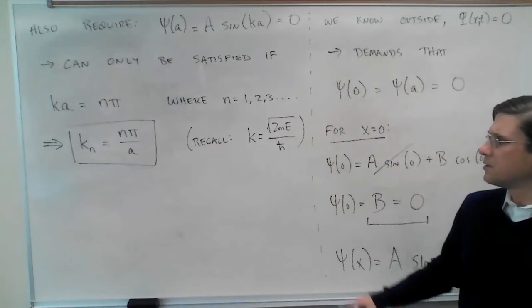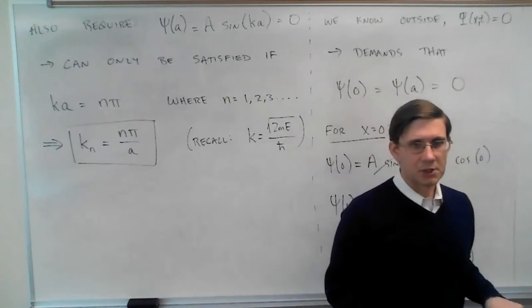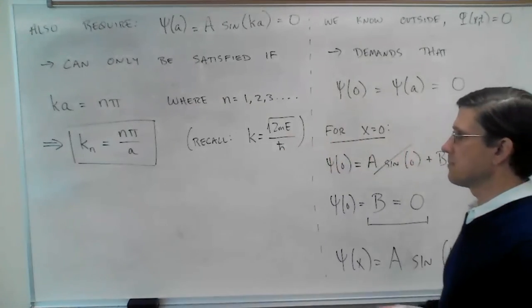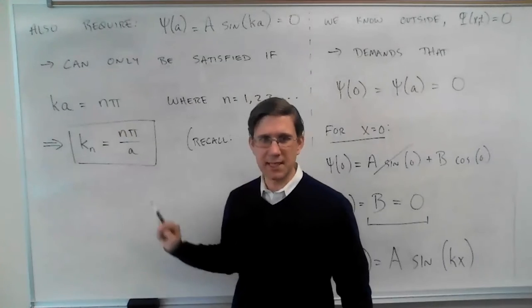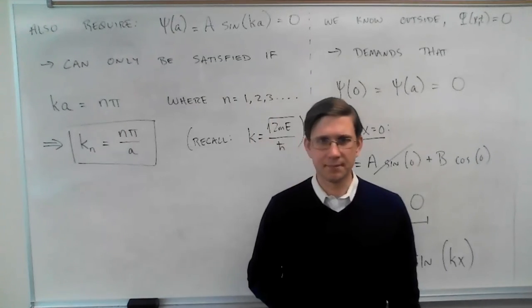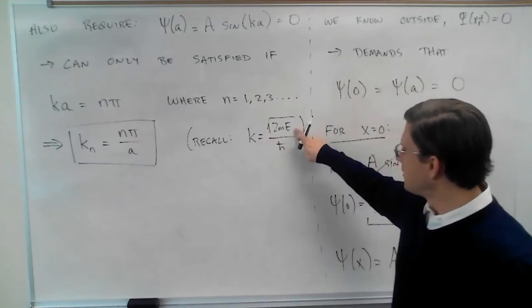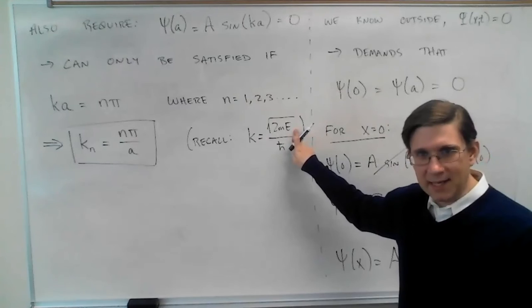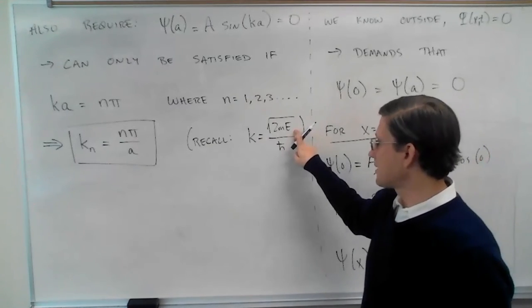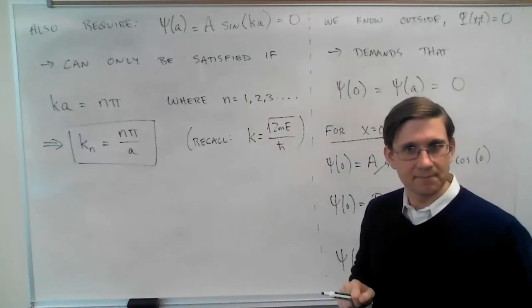And what we've just derived here, which is that to satisfy the boundary conditions and to satisfy the Schrodinger equation, k is not allowed to be just anything. It has to be some integer multiple of pi over a. And if that's true, then it means that energy can't just be anything, right? Energy also has to take on some certain integer allowed discrete values.